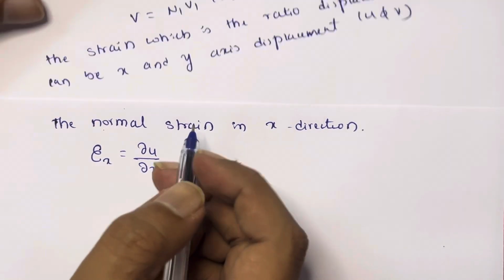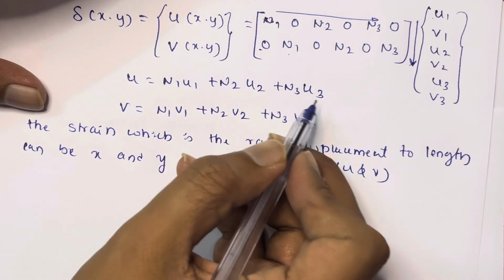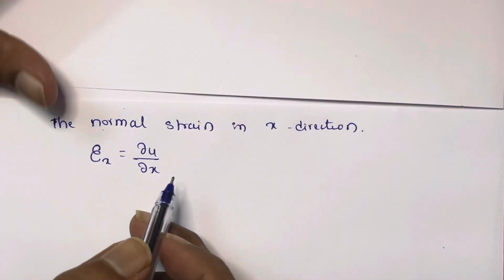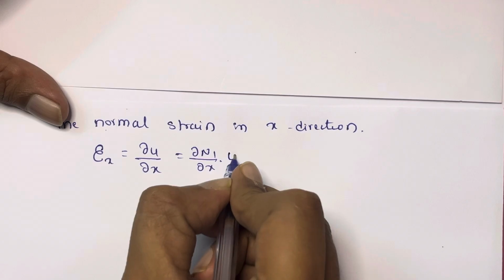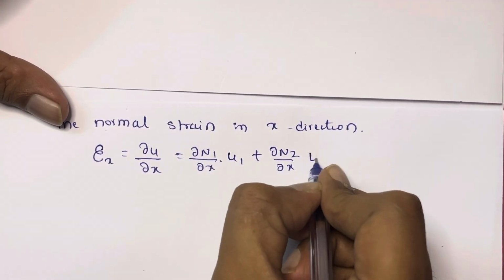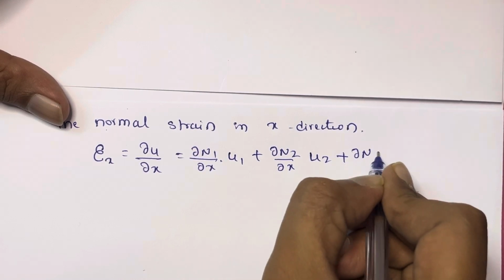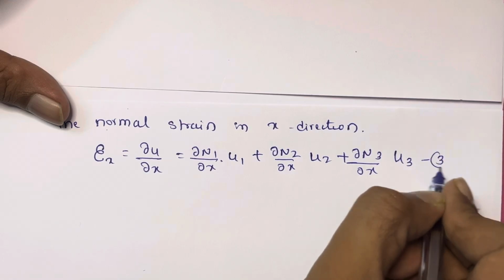Here we already know the u value, that is n1 u1 plus n2 u2 plus n3 u3. This can be written as dou n1 by dou x into displacement u1, plus dou n2 by dou x into u2, similarly dou n3 by dou x into u3. This is equation number 3.